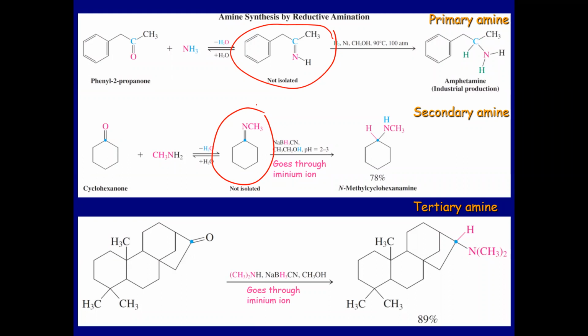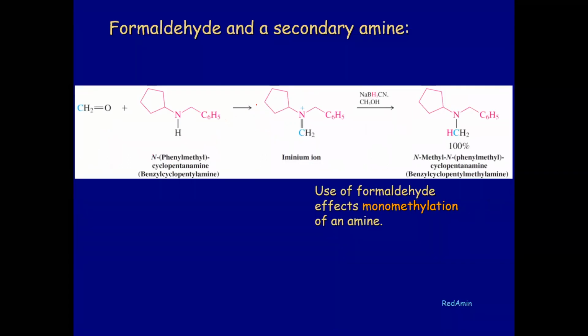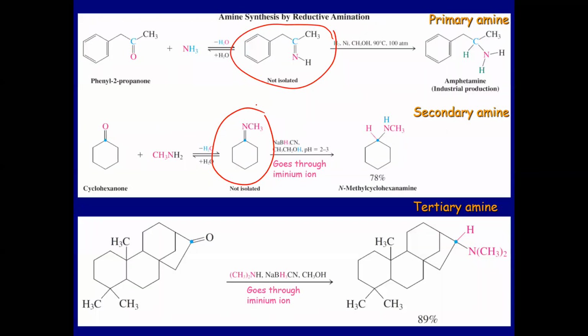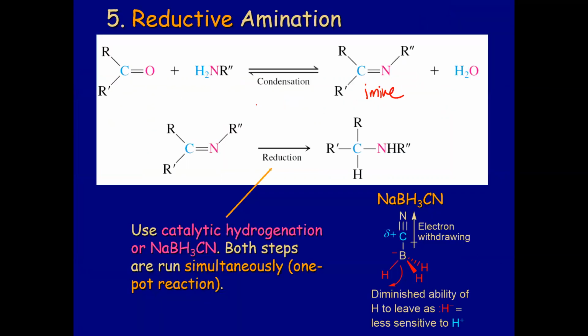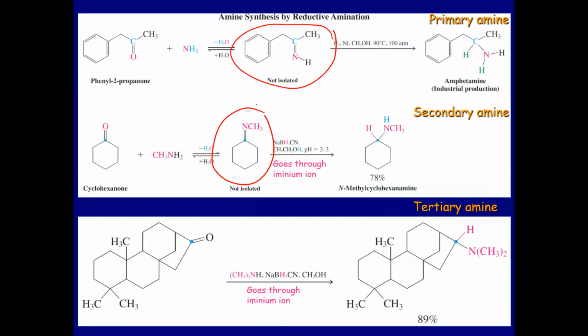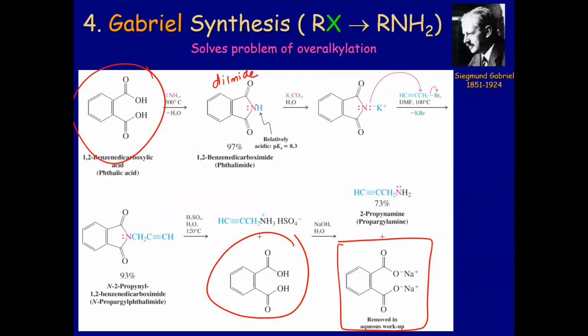Now, what's the difference between this reaction and the Gabriel synthesis? Both are very good, but here you are not going to be using an amide, as in the Gabriel synthesis. The amide, in fact, can sometimes be bought as an amide.